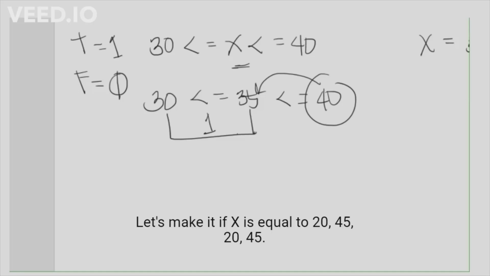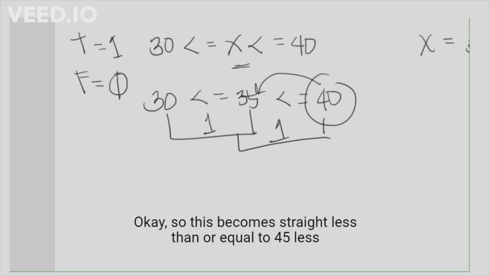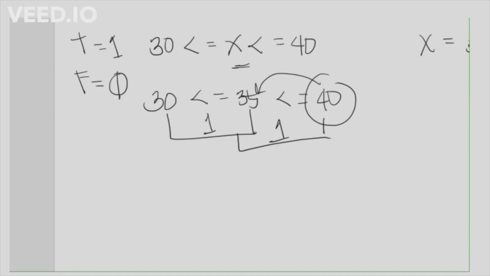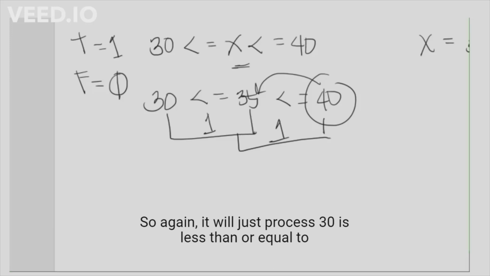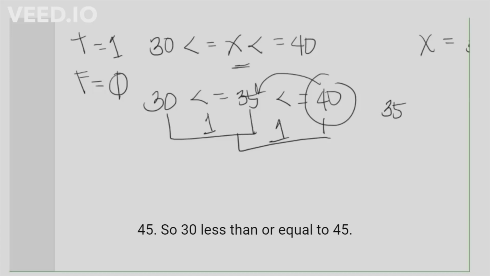Let's make x equal to 45. So this becomes 30 less than or equal to 45 less than or equal to 40. Again, let's repeat the process. It will just process 30 is less than or equal to 45.